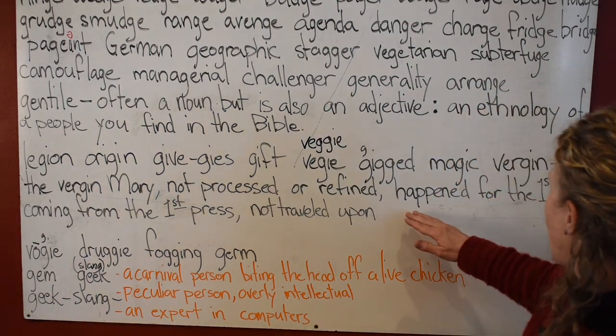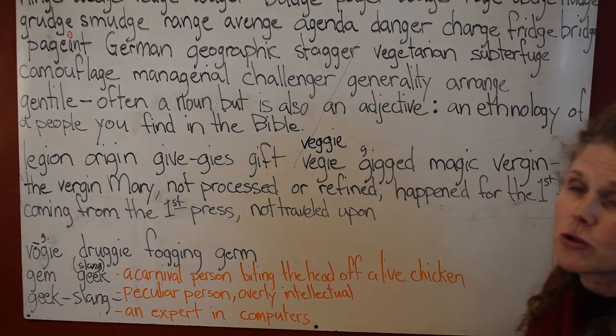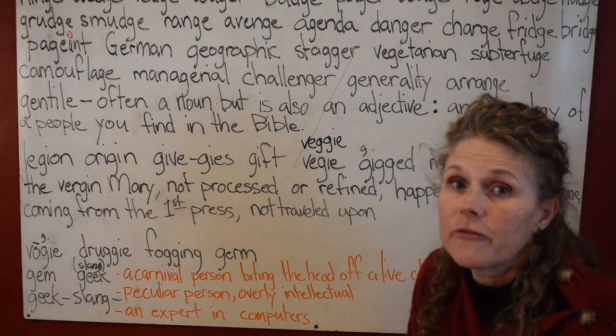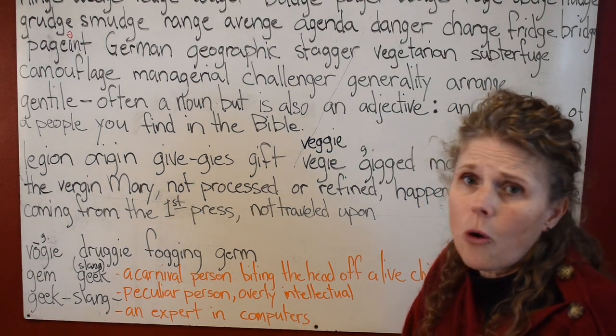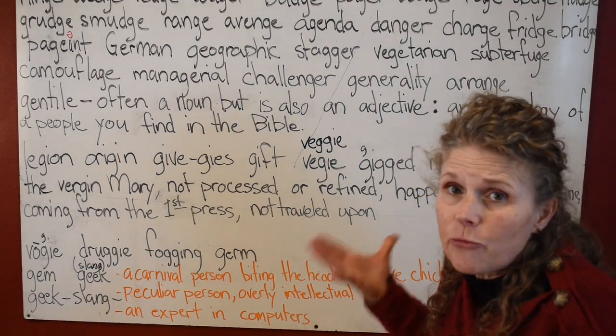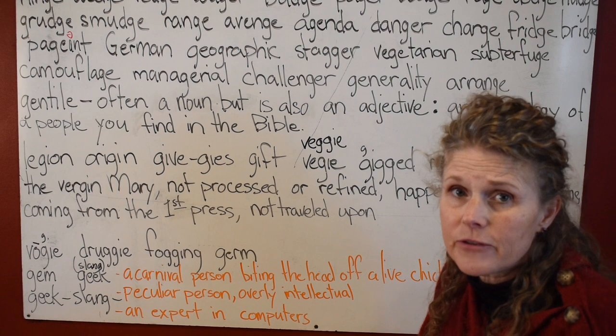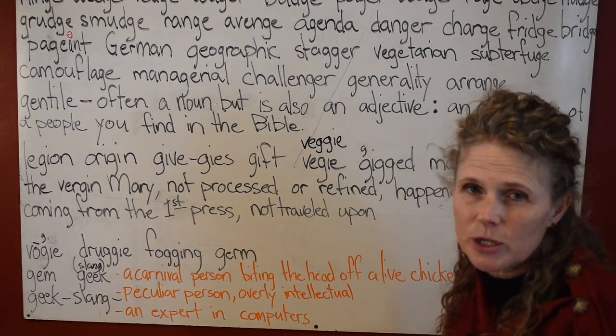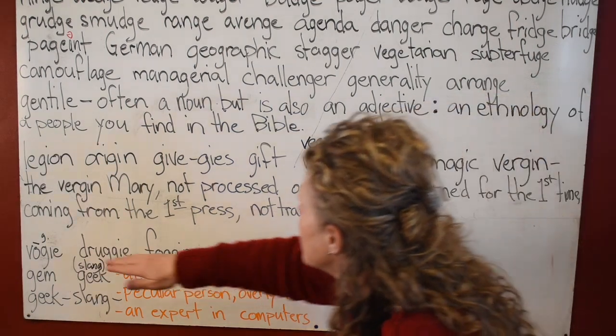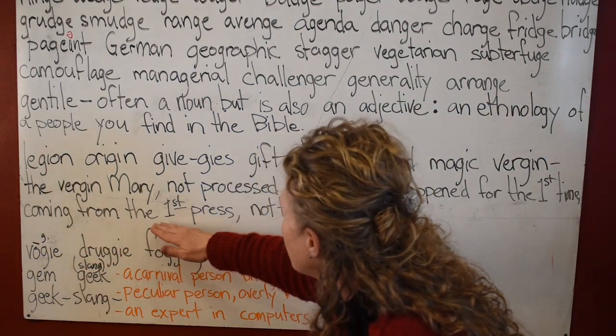Or it happened for the very first time. So you might think of the virgin voyage of a ship or a plane, it was done the very first time, it sailed the first time, it flew the first time. You often hear it with ships and planes. So coming from the first press.